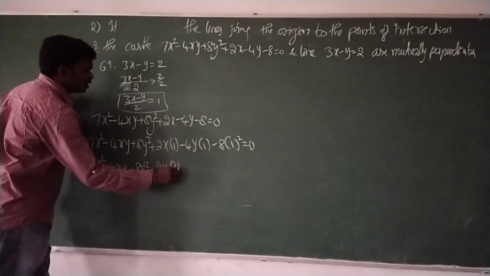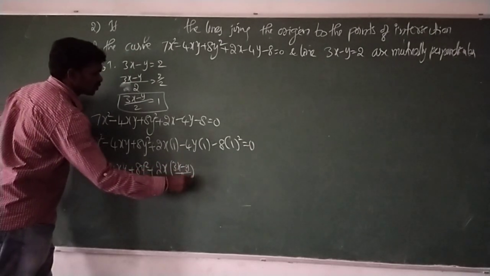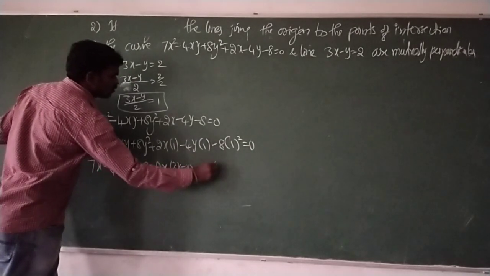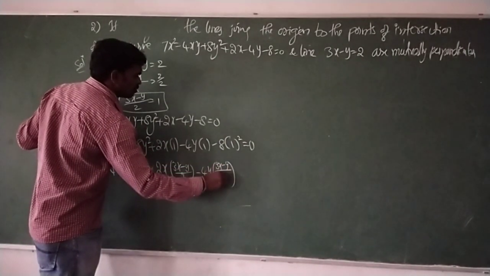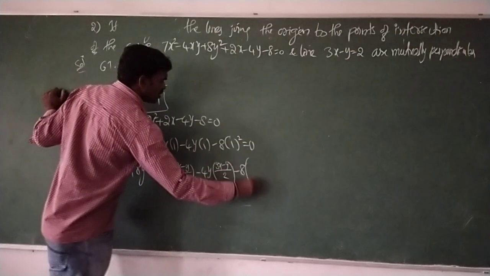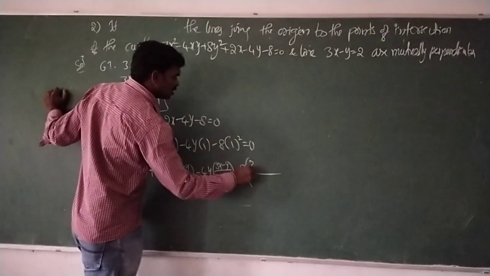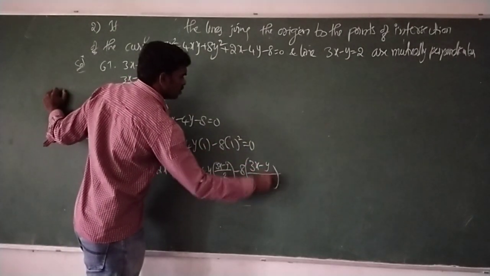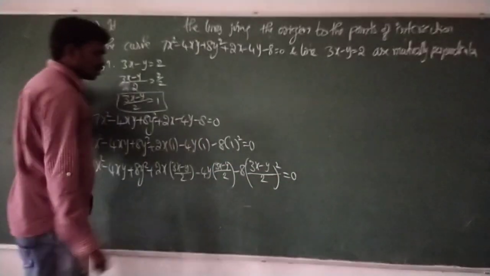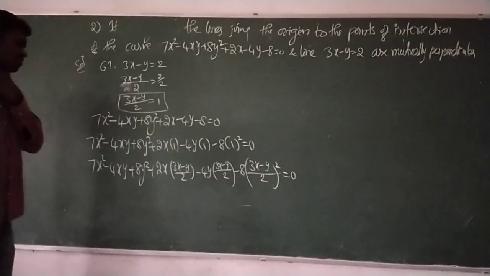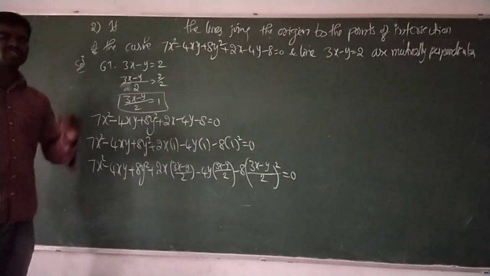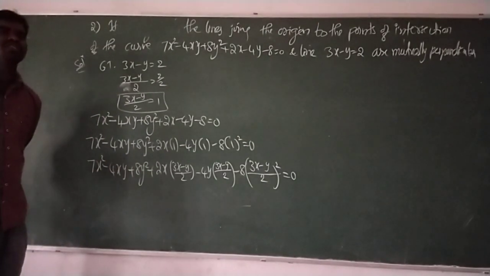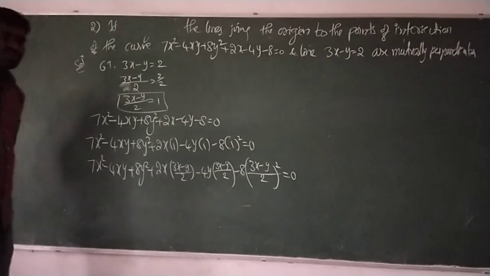Very good. 3x minus y by 2 minus 4y into 1 means what? 3x minus y by 2 minus 8 into 1 square means what? 3x minus y by 2 whole square equal to 0. Now we should simplify this equation and we can get in the form of ax square plus 2hxy plus by square equal to 0. So then use the formula and do it.